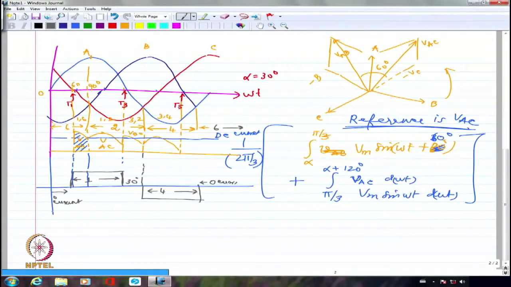Similarly, if I try to look at, for example, B phase current, right? B phase current is going to be somewhat like this. I am going to have B phase current positive here whenever 3 is conducting. Right? So this is IA, this is IB, right?